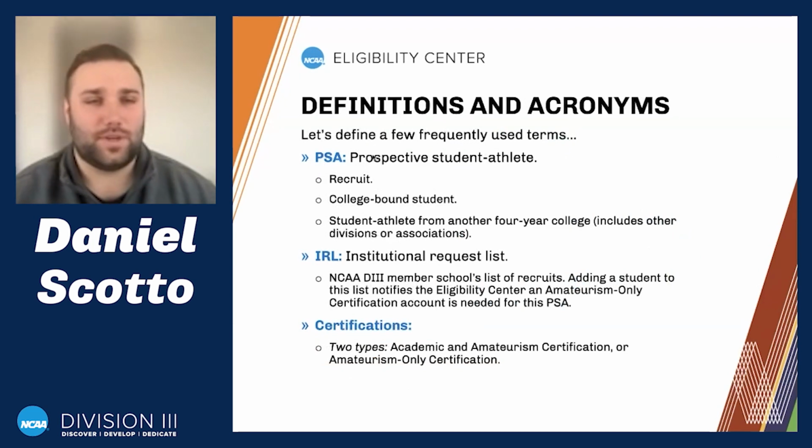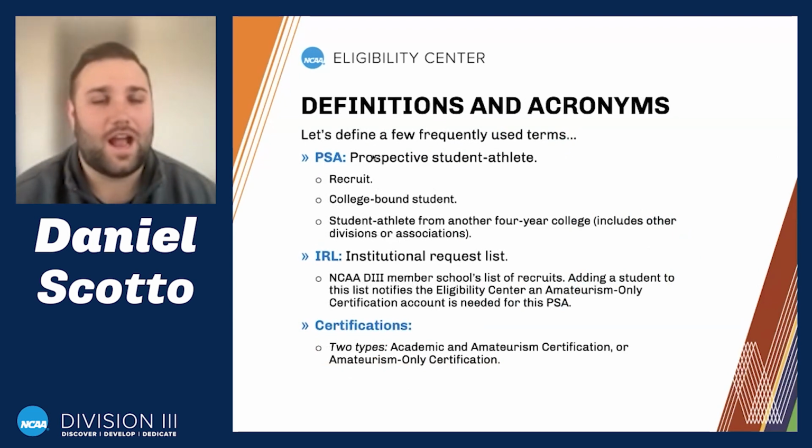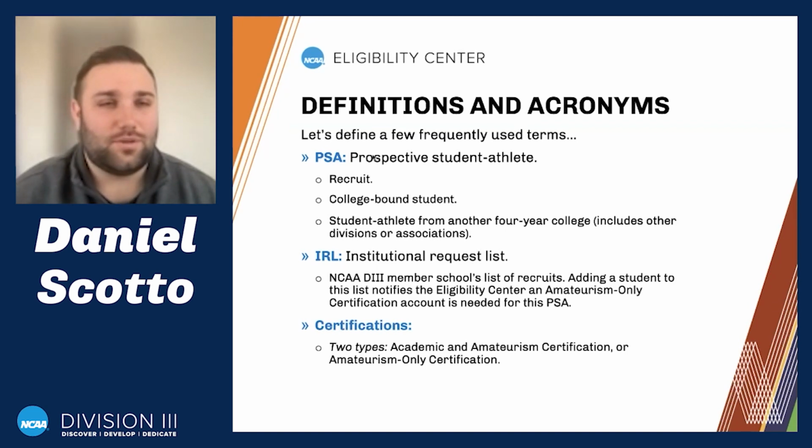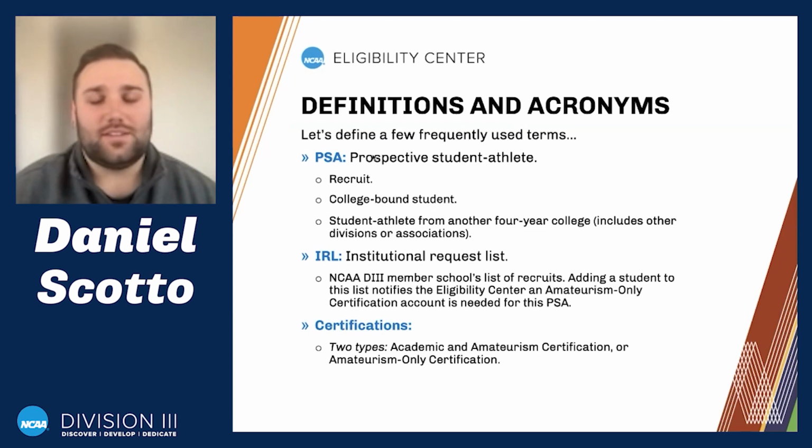All right, so just before we get started here, a few definition acronyms that you'll hear most commonly used by us. First off, the PSA is a prospective student athlete, also known as the recruit or the college-bound student athlete. And then the IRL is the institutional request list. So this is the NCAA Division III member schools' list of recruits.